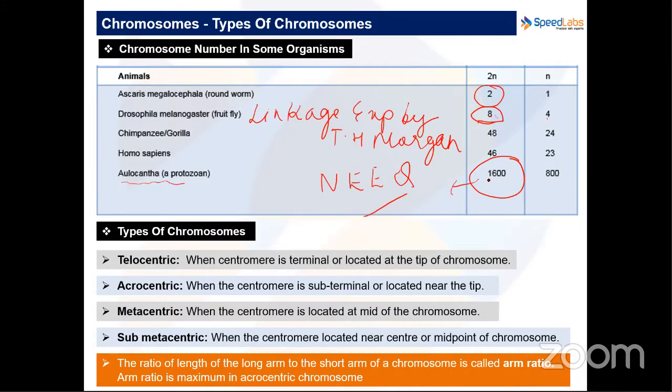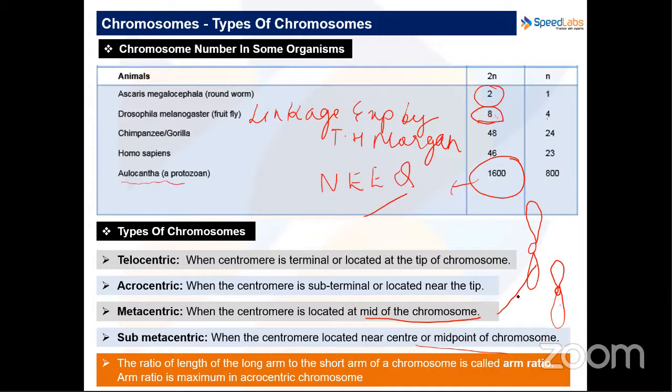Okay. Now, based on the types of chromosomes, based on the position of the centromere: when the centromere is in the center, this is metacentric. Metacentric is when the centromere is at the middle. All right, submetacentric is a little away from the center, so one arm is a little longer than the other arm. Submetacentric is going to be somewhat L-shaped.